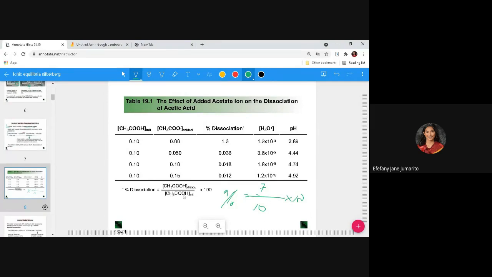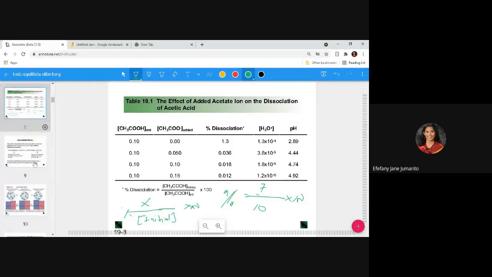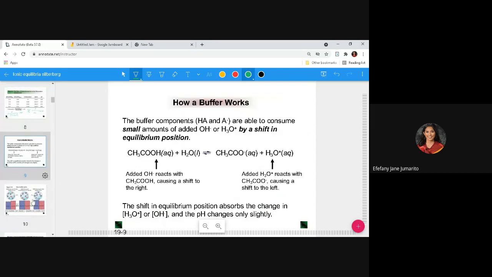Now here, for the percent dissociation, what dissociated, which is the X over the initial concentration times 100, then that will be your percent dissociation. Okay, so we have that one.